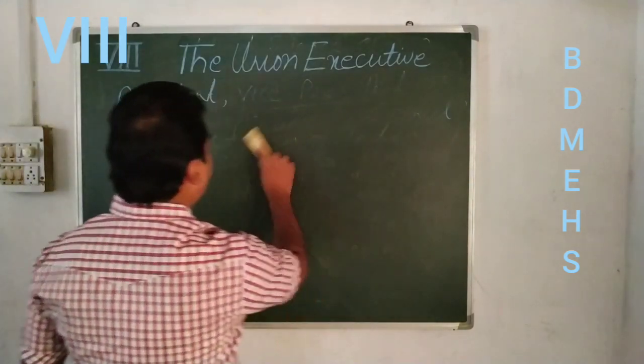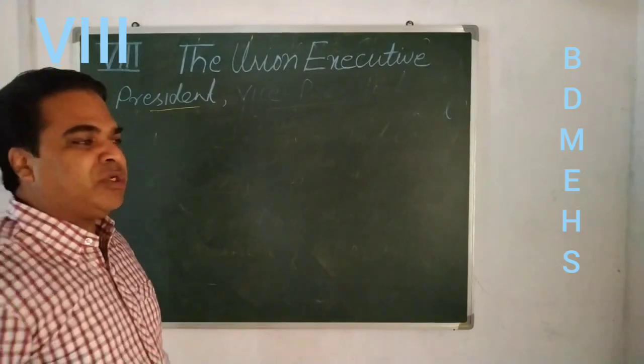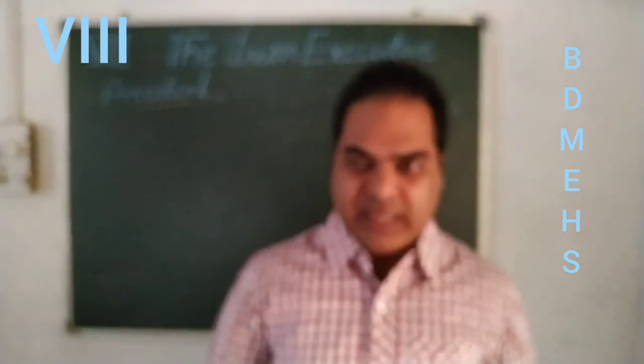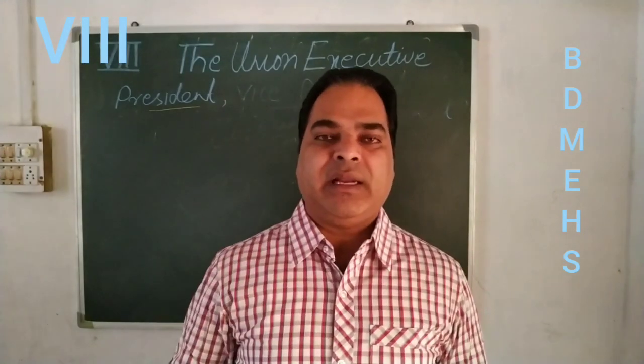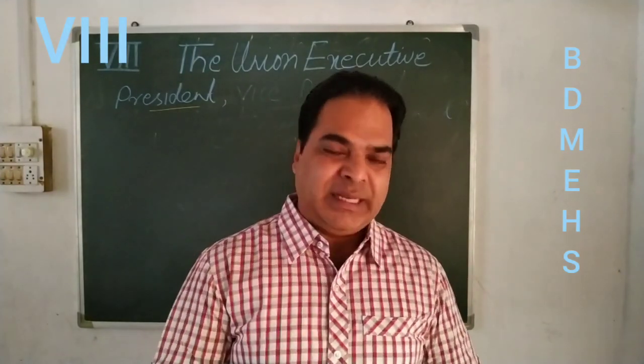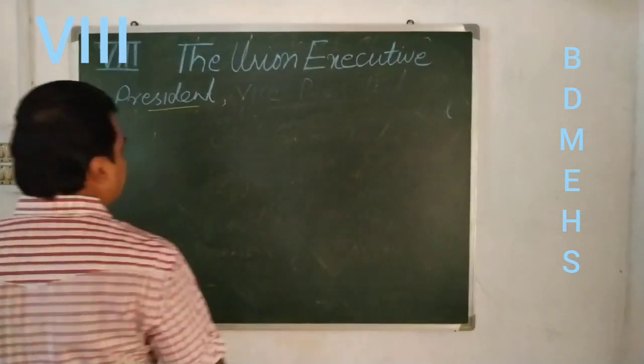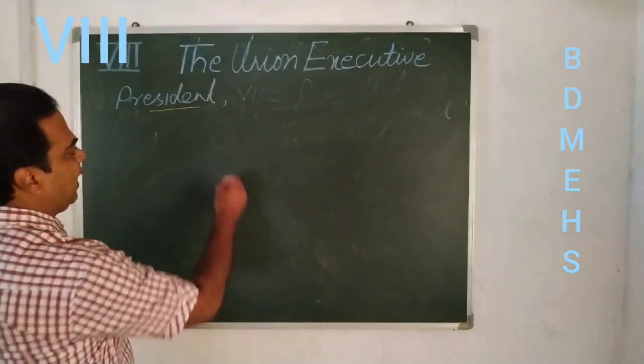Who elects the President of India? First of all, the President of India is elected indirectly. The Prime Minister is elected directly, but the President of our country is elected indirectly. Who elects the President? The President of India is elected by an electoral college.